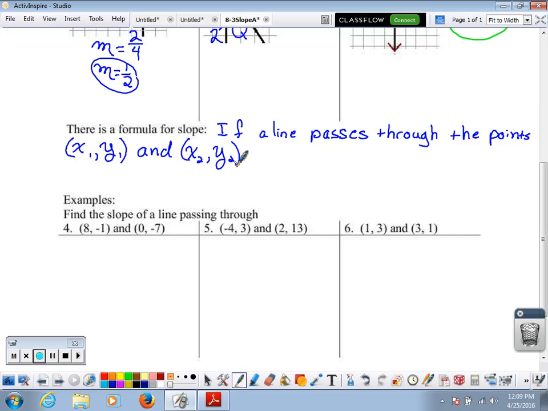If we have 2 points, we can find the slope. If a line passes through those 2 points, then the slope is equal to y2 minus y1 over x2 minus x1. The change in y divided by the change in x.